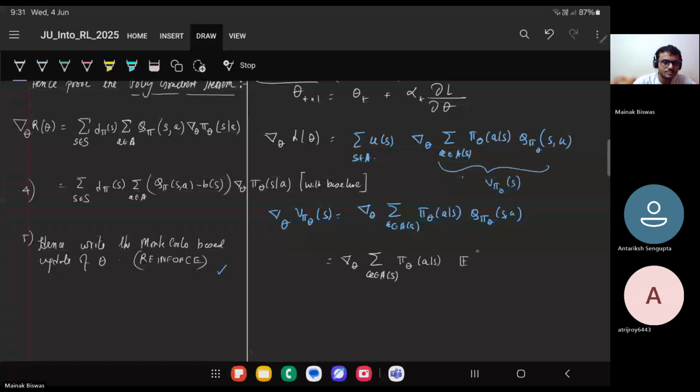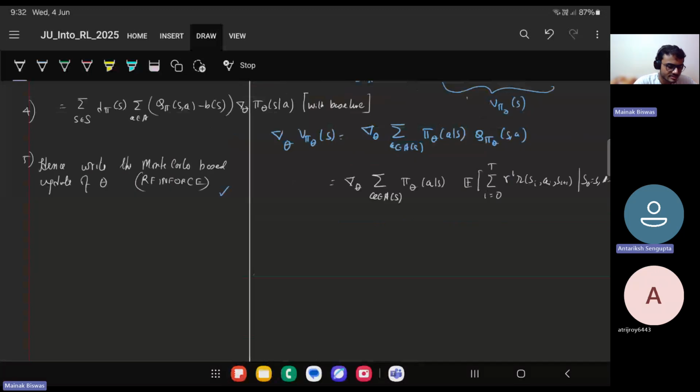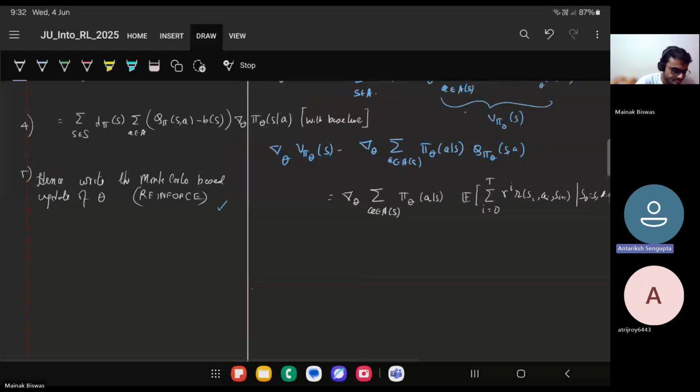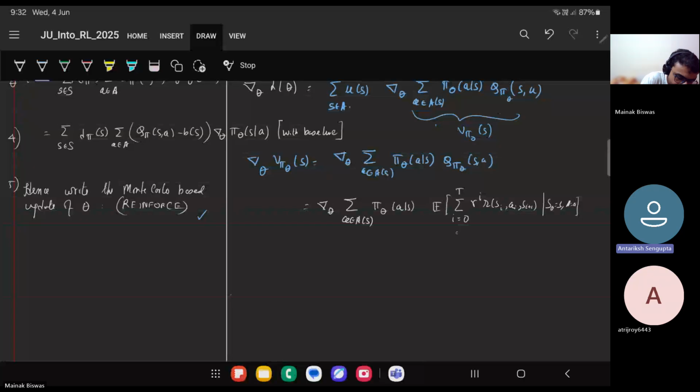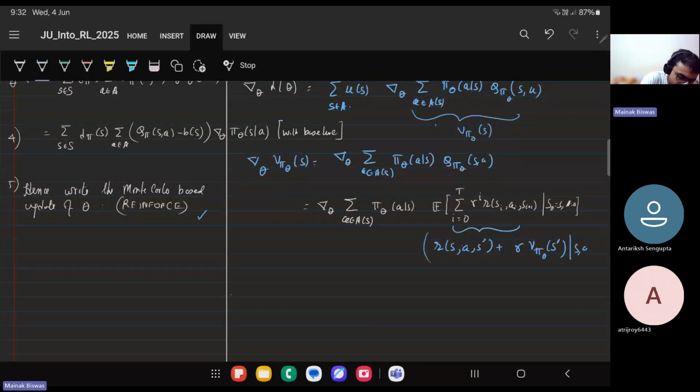Now it came. So again here it would be r plus gamma into v pi of s dash. Correct? So this is plus gamma times V pi of S dash, given S and A, the expected value.